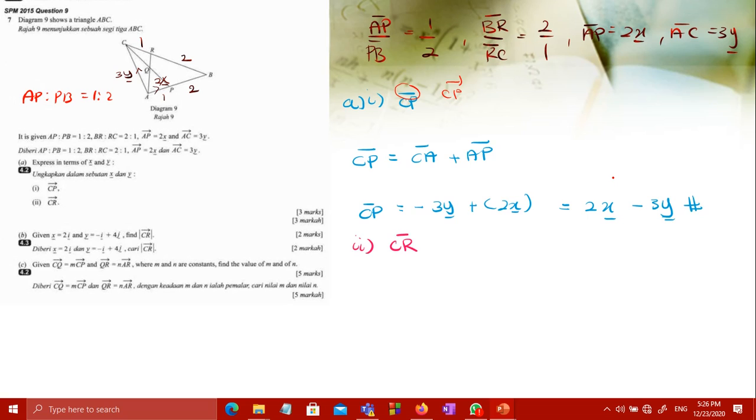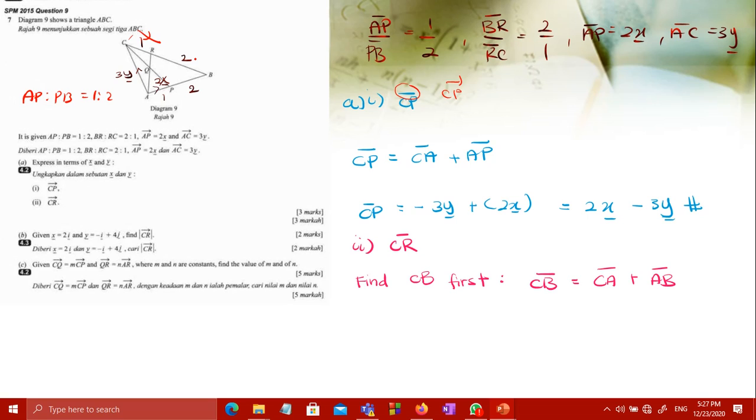How about CR? Okay, vector CR, let's see. Vector CR is over here, C to R, like that, the direction. But let us find CB first because it is easier, because when you want to find CB, we have CA and AB. We can use that information to find CB. So CB is CA plus AB.